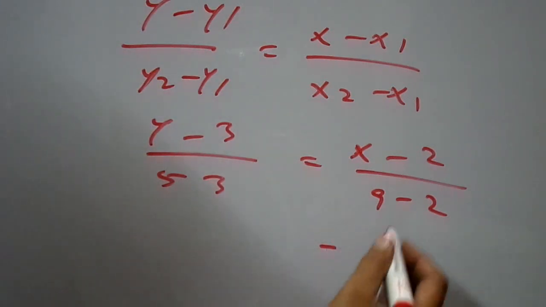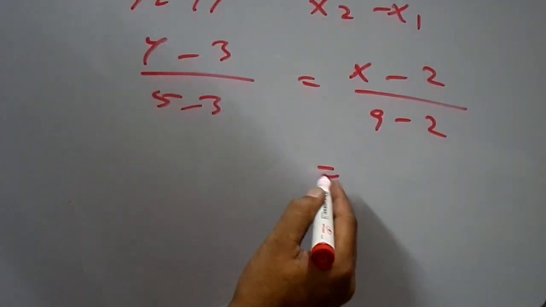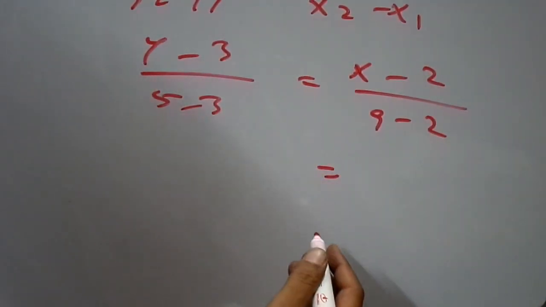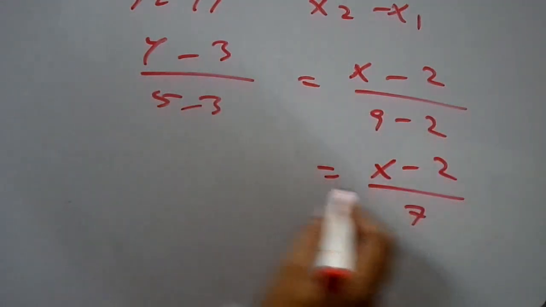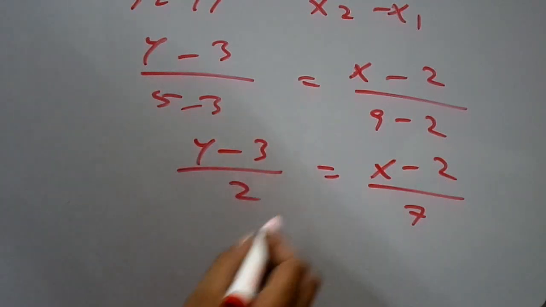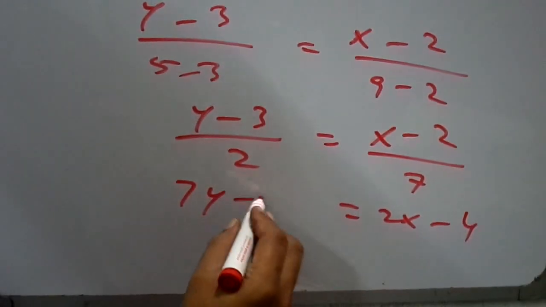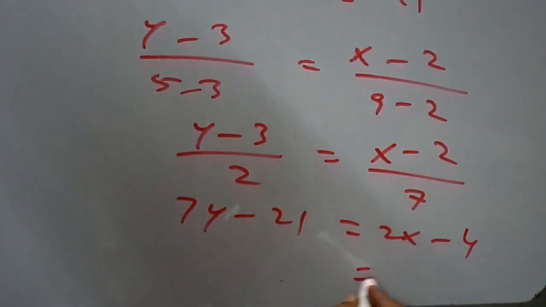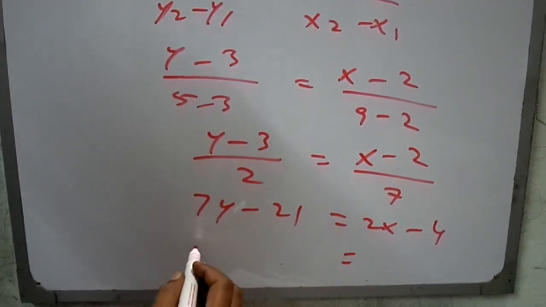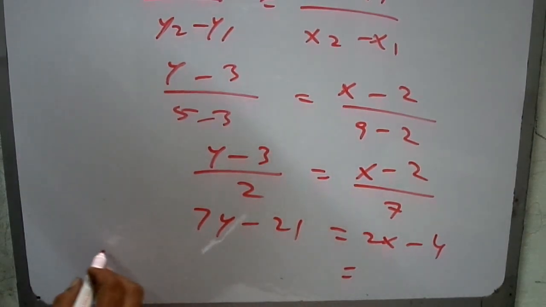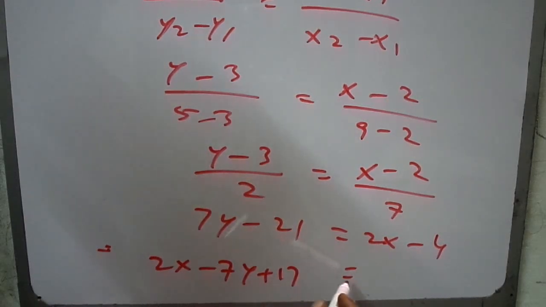So after using cross multiplication, you will get 2 into y minus 3 equals 7 into x minus 2, or 2x minus 4. Okay, so after shifting, you will get 2x minus 7y plus 17 is equal to 0.